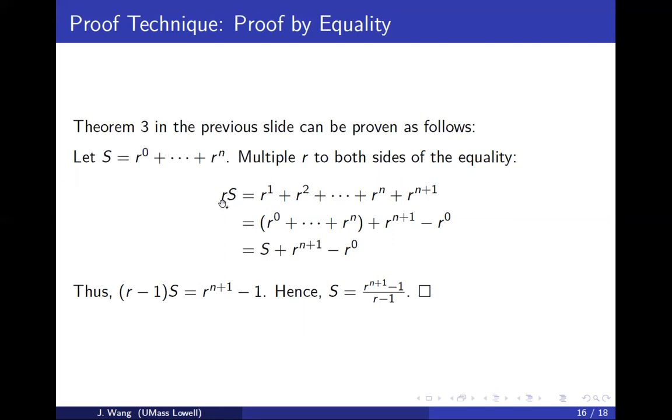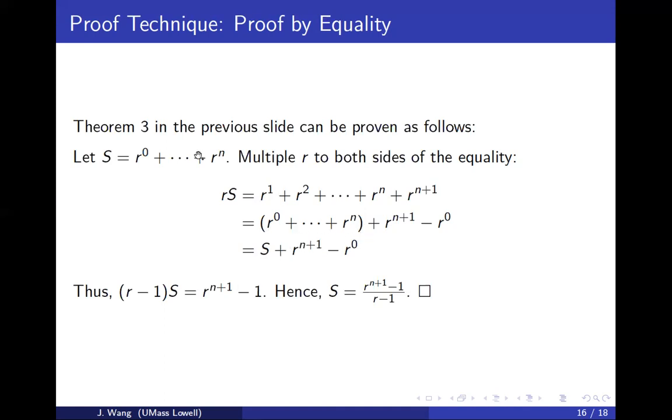They are still equal. So that means RS is equal to R to the 1 plus R to the 2 up to this. And then we put an R to the 0 in it. Because you add R to the 0, then you have to subtract an R to the 0, so this equality still holds. Then you can take this R to the 0 up to R to the n, and then R to the n plus 1 minus R to the 0.